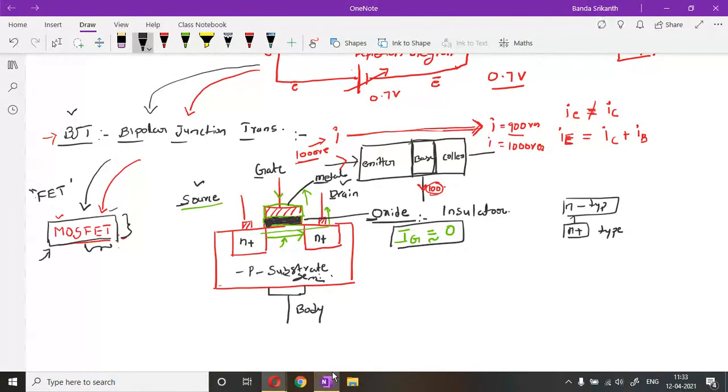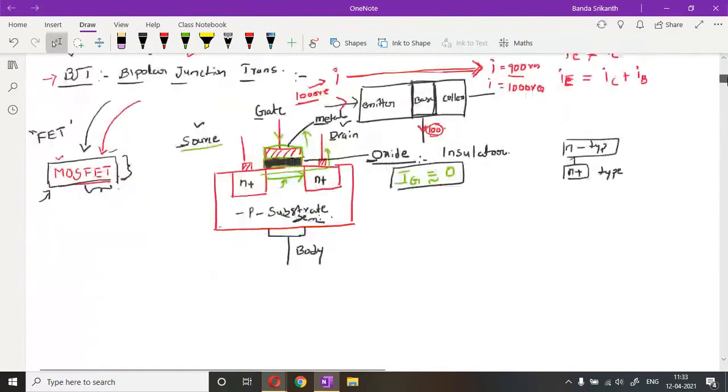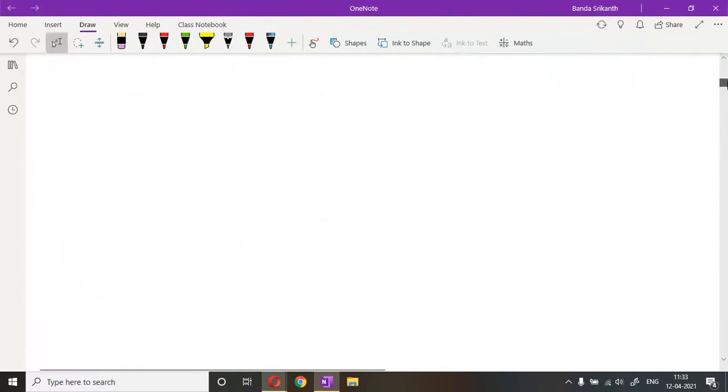Understand? So then coming to the MOSFET, now the actual focus begins from here onwards.